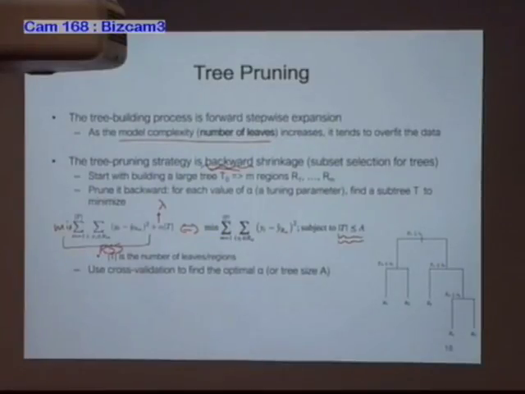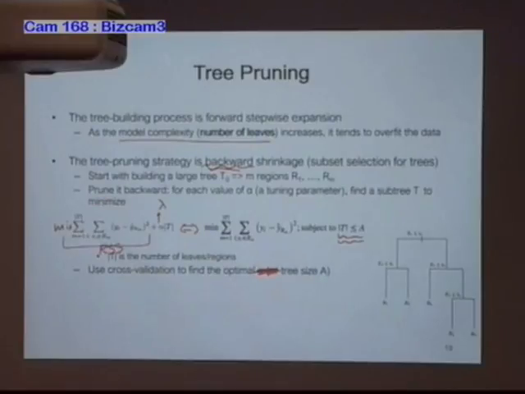And what's the optimal budget for us? Or alternatively, what's the optimal alpha or lambda? So we need to do cross-validation, right? Only by cross-validation can we tell this is the optimal size of the tree that minimizes the cross-validation error. Okay? And later you will see we don't really work with alpha, so don't think in terms of alpha. Think about tree size. Tree size is much more intuitive.